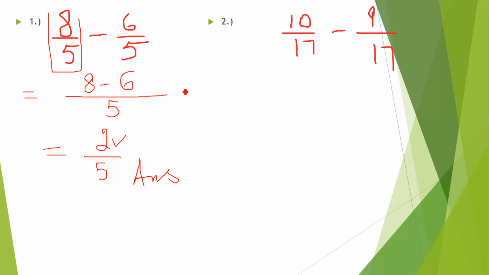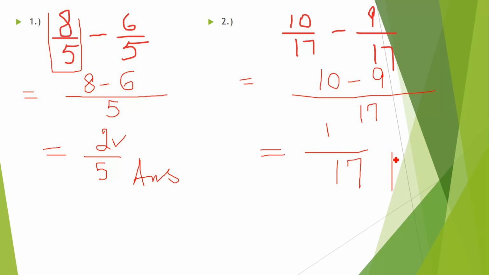Another question we will solve. What did I tell you is the first step? The first step is to see whether your denominator is the same or not. Yes, we have the same denominator, so we will write 17 only one time. Whatever you have in the numerator, write down as it is. We have 10 minus 9, which is equal to 1 over 17.